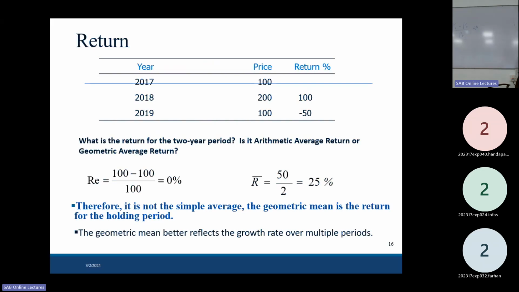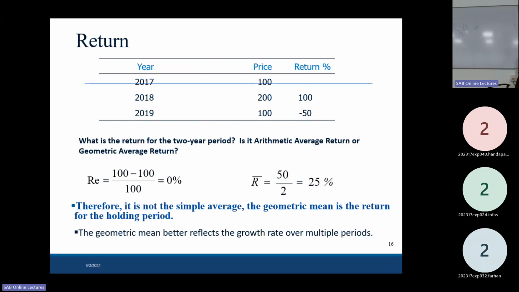So what is the conclusion? Therefore, it is not the simple average, but the geometric mean that is the return for the holding period. If you want to calculate holding period return, during this 3 years holding period, really your rate of return is 0. But this 25% is an overestimation. If you take a decision based on the 25%, you will be wrong because it's an overestimation.